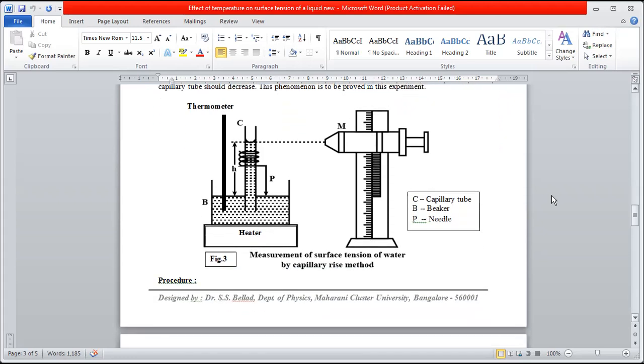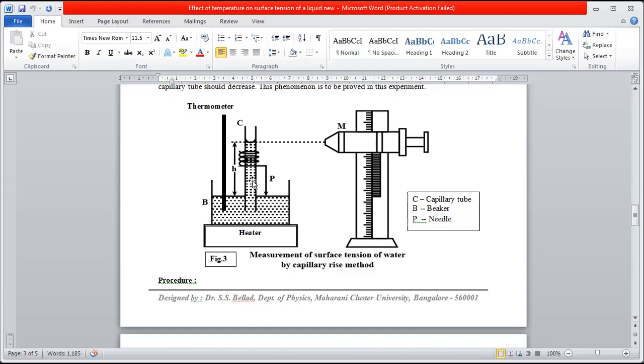So this is the experimental setup. You need an electrical heater or generally a hot plate. Over that you have to keep a wire mesh, and over the wire mesh you can keep a beaker containing a liquid. The wire mesh is used to heat the beaker or liquid uniformly and slowly.